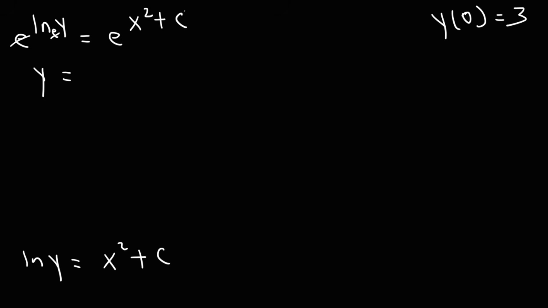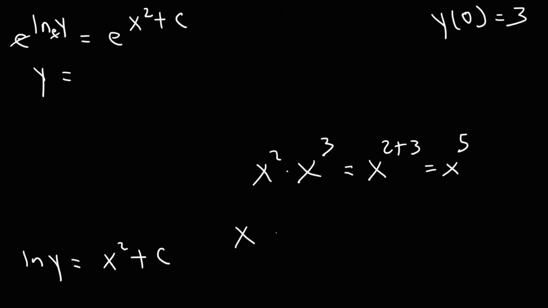Now, how can we simplify that expression? Review in algebra, we know that x squared times x to the third is x to the 2 plus 3, which is x to the 5th power. So working in reverse, let's say we have x raised to the 4 plus 5. We can write that as x to the 4th times x to the 5th.